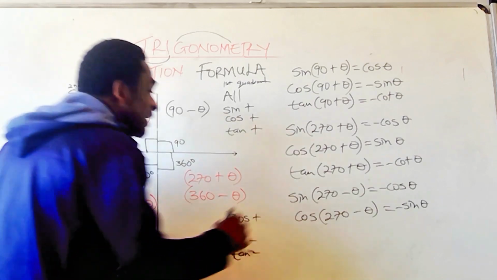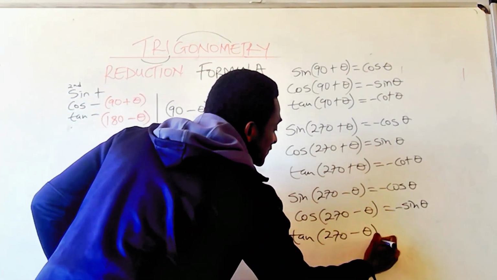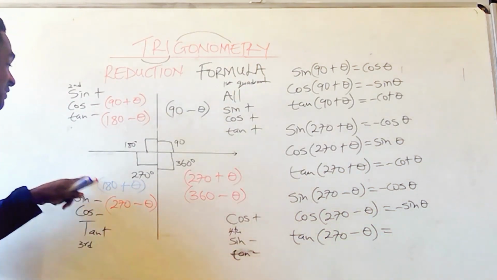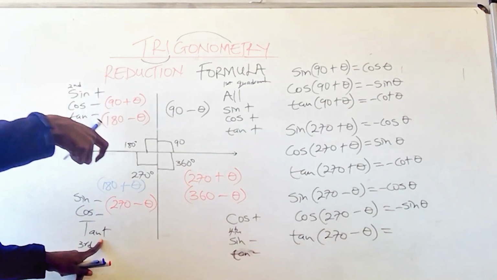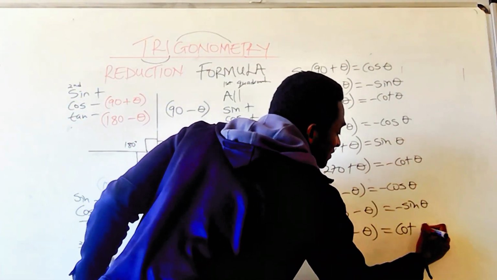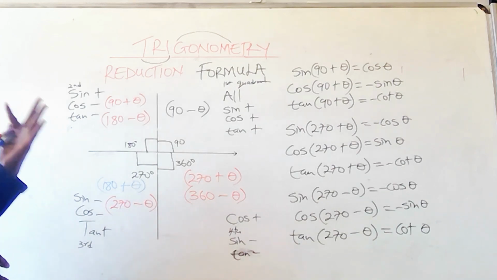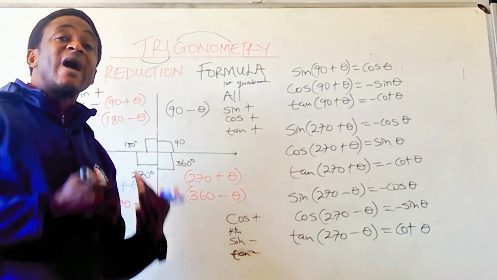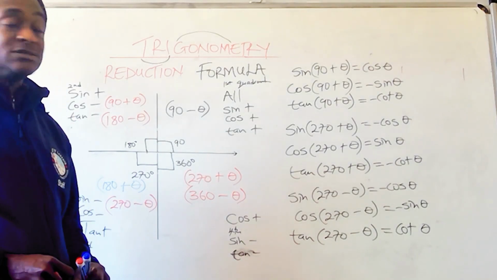And then the last one is tan of 270 minus theta. If we check very well, tan is positive in this quadrant. So the cofunction will also be positive, which is cot theta. So these are the cofunctions that we have. Remember, we use cofunctions for all 90 and 270 degree angles.